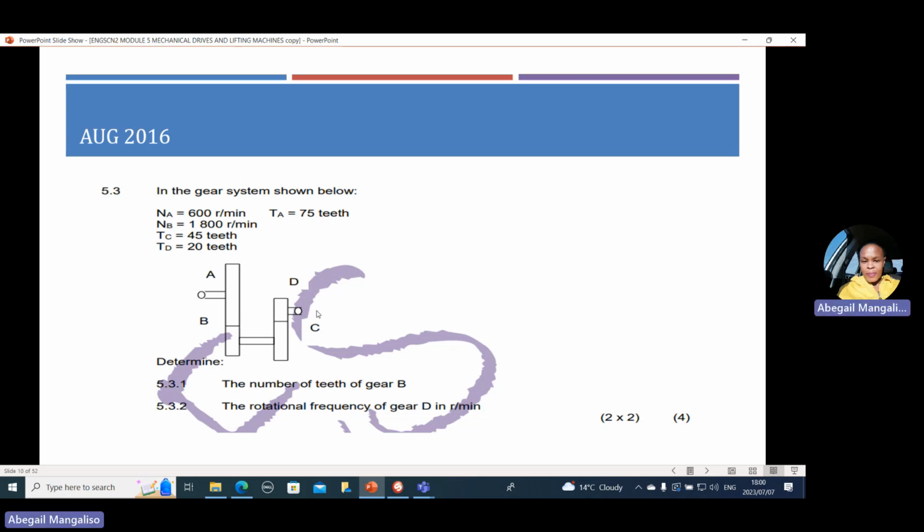You don't have to remember a formula for a compound gear, but we can also use it.